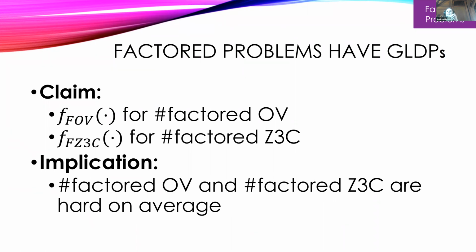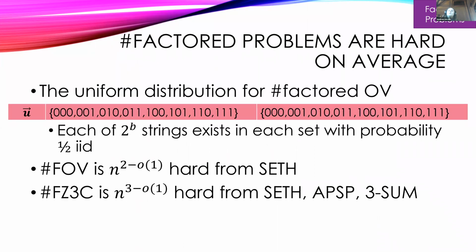As a result, counting factored OV and counting factored 0-3 clique are hard on average in their uniform average case. So what does that uniform average case look like? Well, you have these factored vectors. Here I'm representing some vector U that has its sets completely filled, two sets of these 3-length vectors.